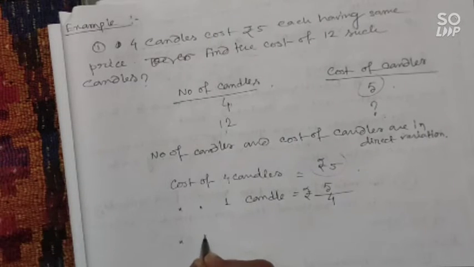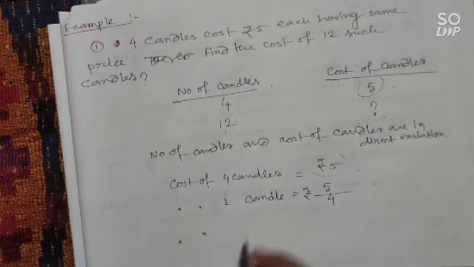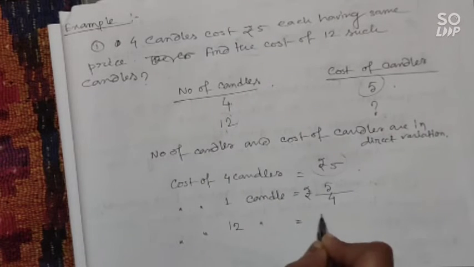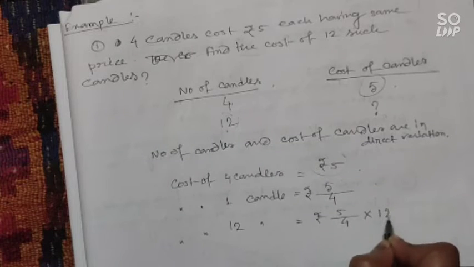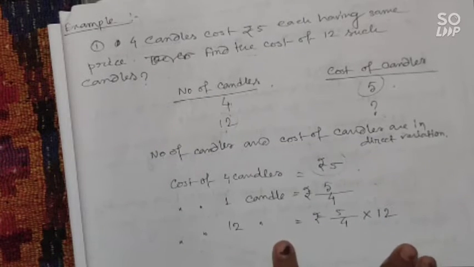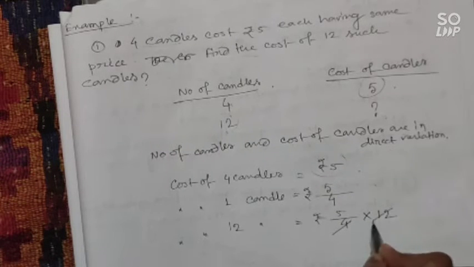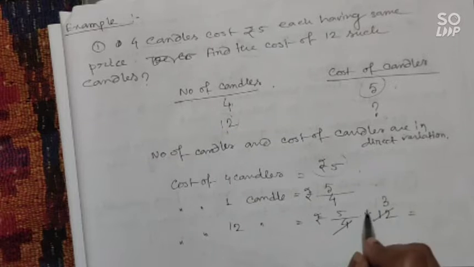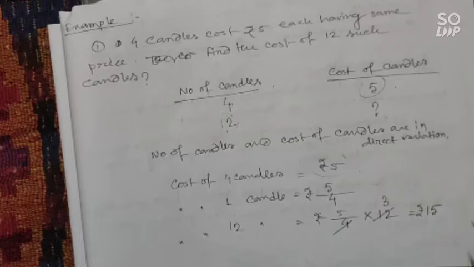Next you have to find the cost of the required number of quantities, that is 12 candles. So in this case you have to do multiplication. This is how you can solve a problem. 5 by 4 into 12. Okay, 4 3s are 12. This will be 5 3s are 15 rupees.